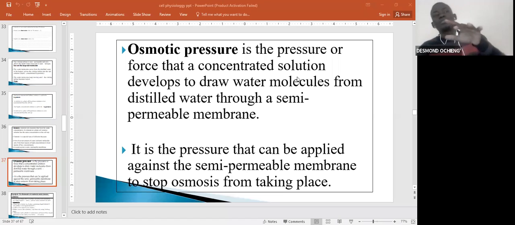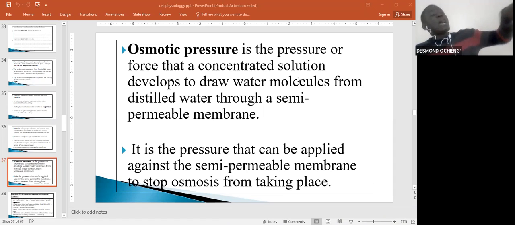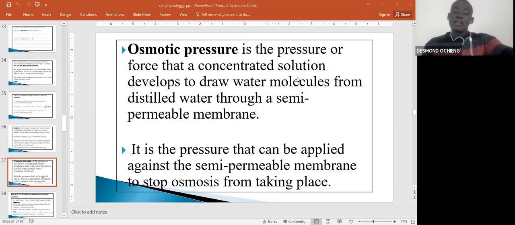If you look at your books, I think it is scale B that says that osmotic pressure is the pressure that is developed by a concentrated solution so that it can draw water from a dilute solution across a semi-permeable membrane.